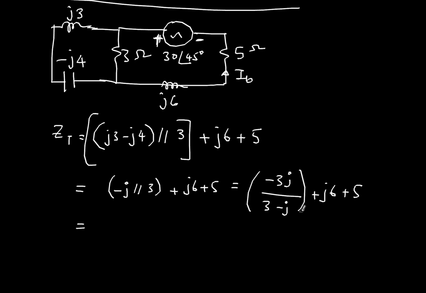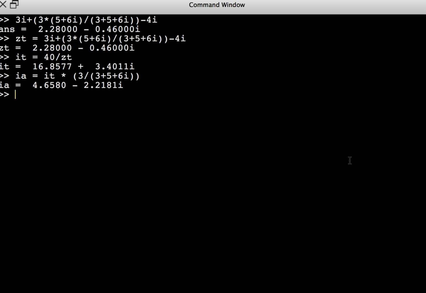So let me calculate this now. Let's call it ZT2 to avoid renaming the variables. ZT2 is minus 3J divided by 3 minus J. So this is the parallel combination.